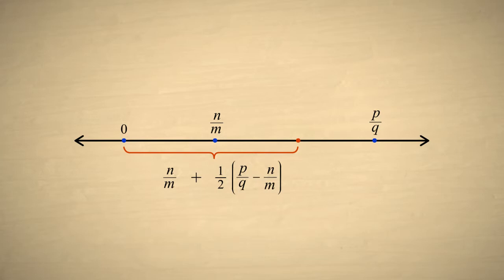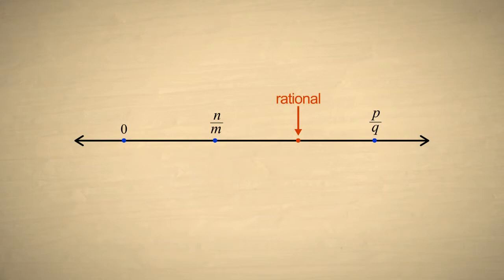This point must also be a rational number since it is composed of rational numbers added, subtracted, and multiplied together. Since rational numbers are closed under all the arithmetic operations, the results of these operations must also be rational. So we have proven that between any pair of rational numbers is another rational number.